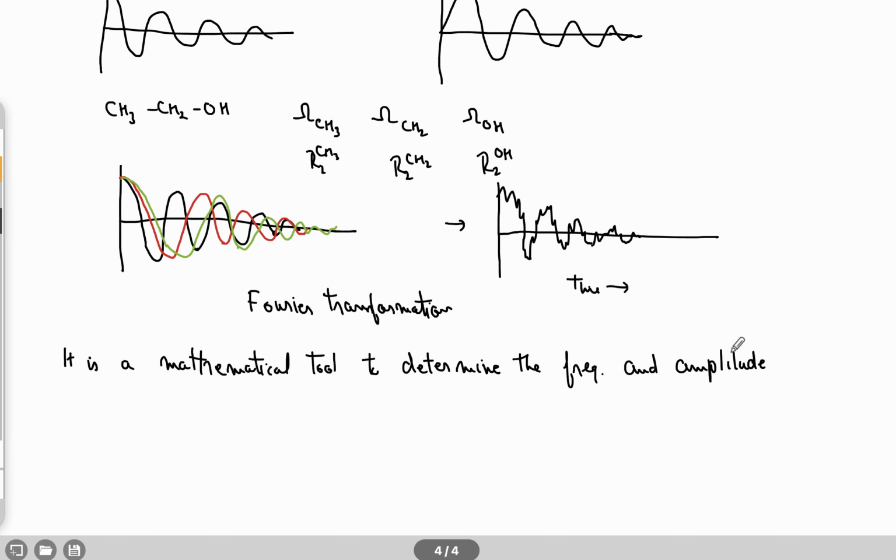We want to know the frequency and amplitude of individual protons or individual nuclei. Frequency and amplitude of oscillating signals contained within the time varying signal.